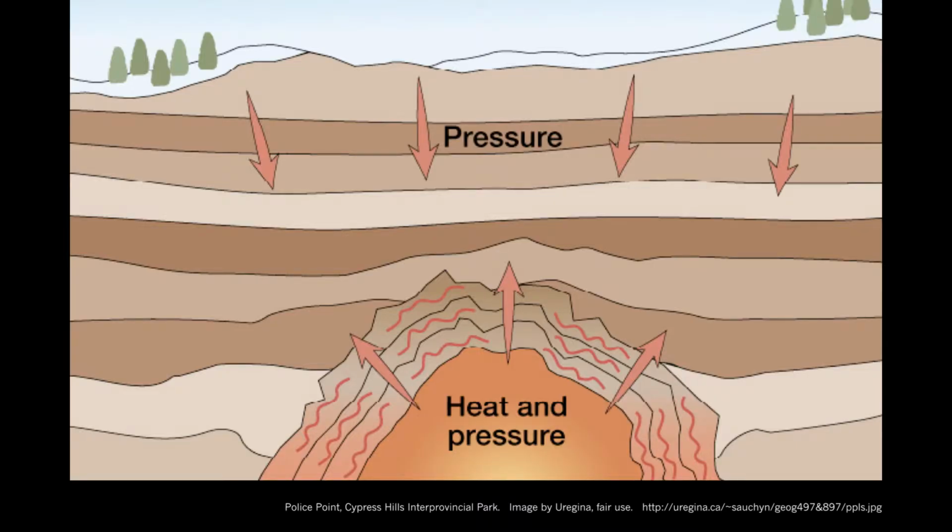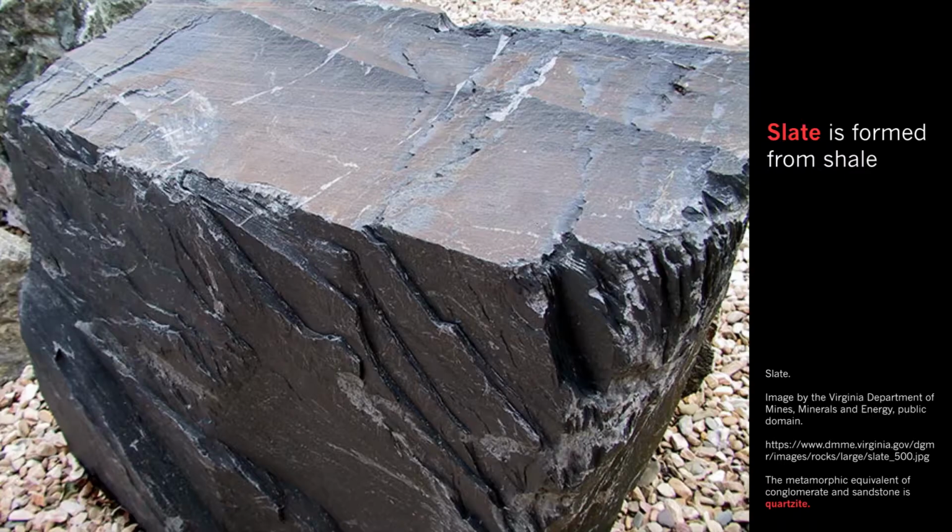As the crust forms and moves, the rocks are subject to these pressures, and where the rock is immersed under the earth, it's exposed to the geothermal heat, and metamorphosis occurs. For example, slate forms from shale. So slate is the metamorphic form of the sedimentary rock shale.